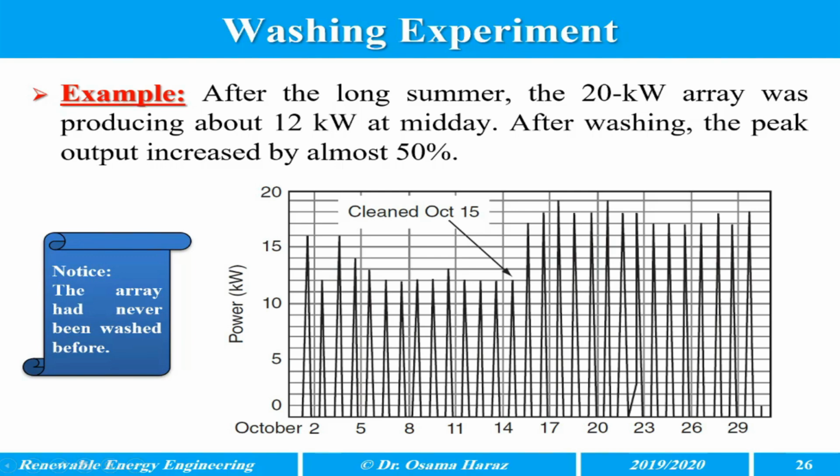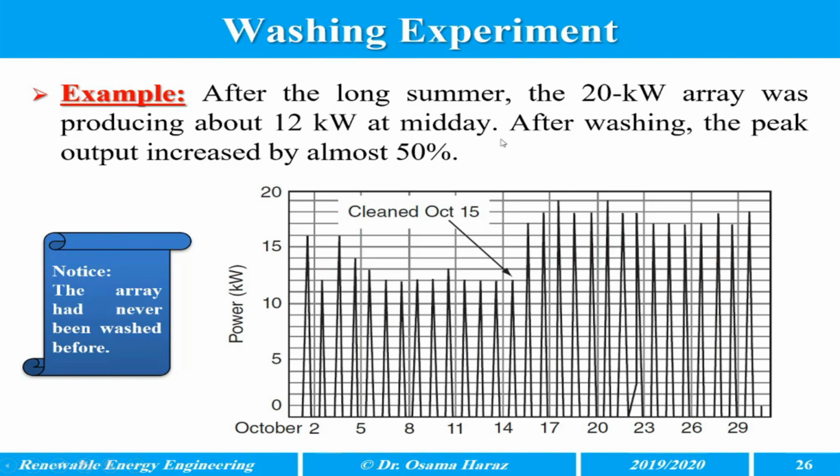To see how washing the PV panel affects its generated power, an experiment was done on an array that had never been washed before. This example of a 20 kilowatt array was producing only 12 kilowatts.